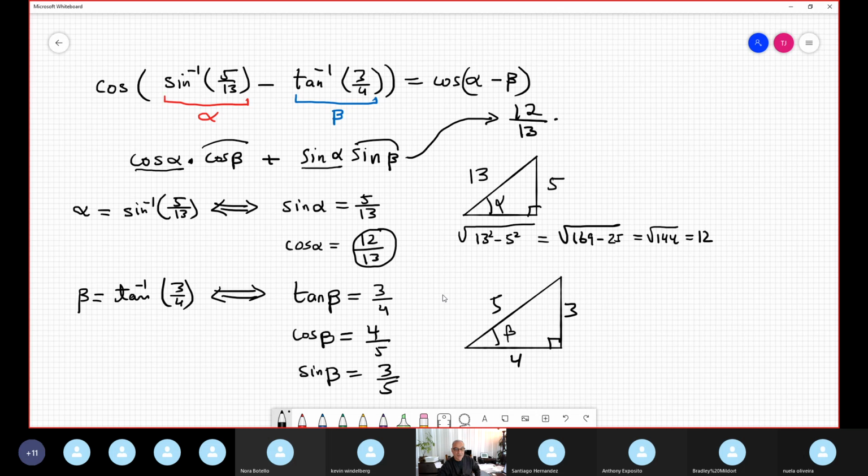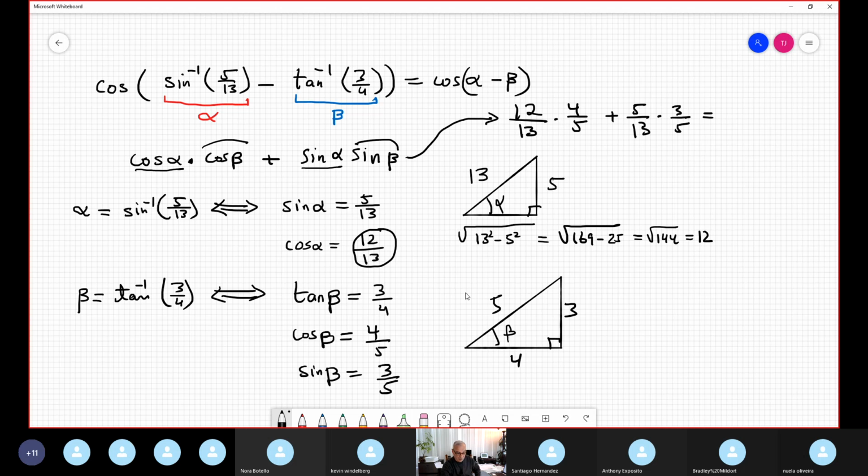Who is cosine beta? 4/5. Plus sine alpha is 5/13. Times sine beta, que es 3/5.